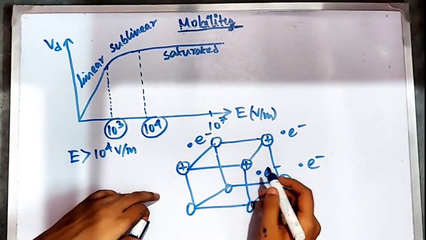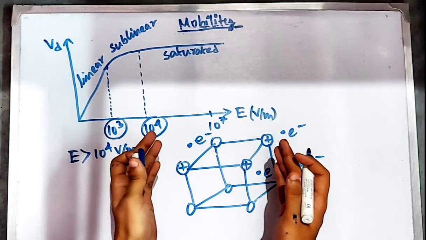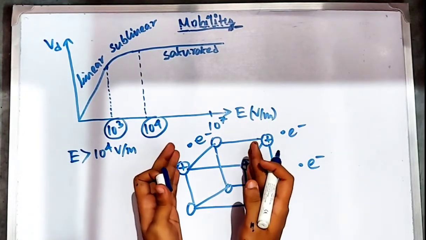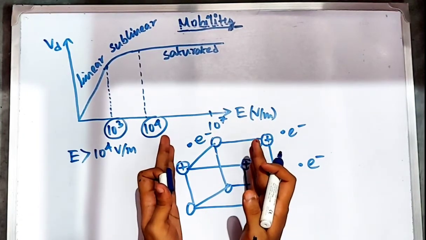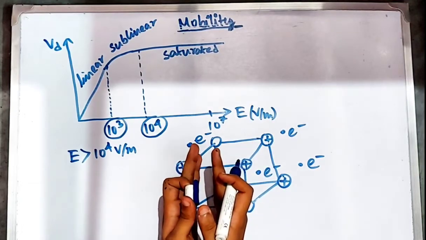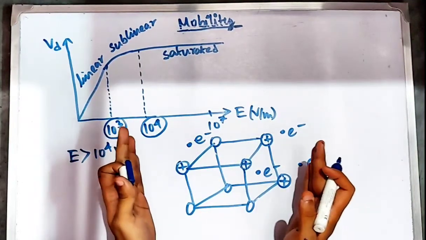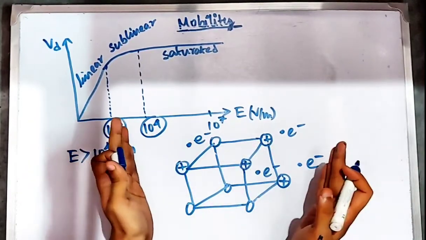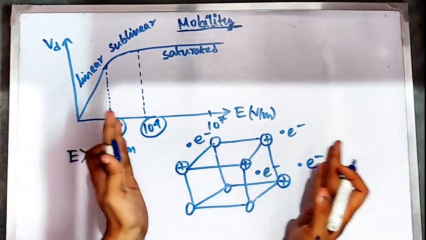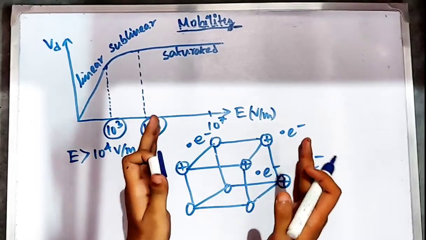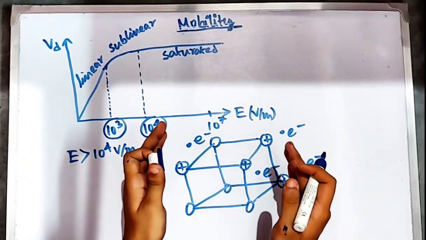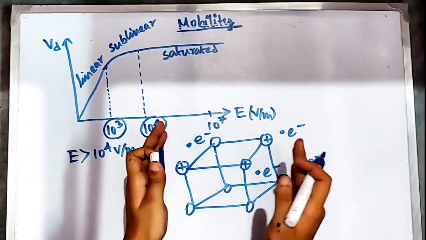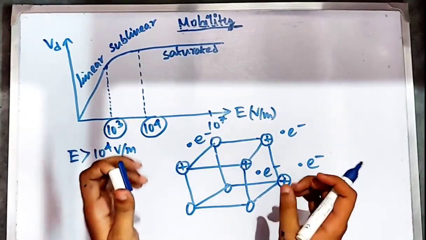How will they vibrate? They will at first come closer to each other, then they will go far from each other, and this motion will be continued, and this is how the lattice points will vibrate. They will become unstable at their position and they will vibrate.